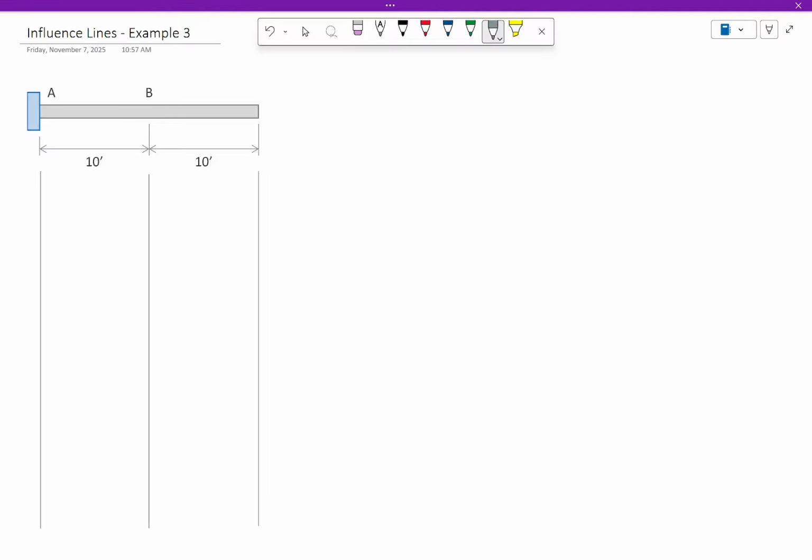Okay. All right. Let's draw some influence lines. What influence lines do I want to draw? Well, let's start off with our reactions. Let's draw an influence line for AY and an influence line for MA. Okay.